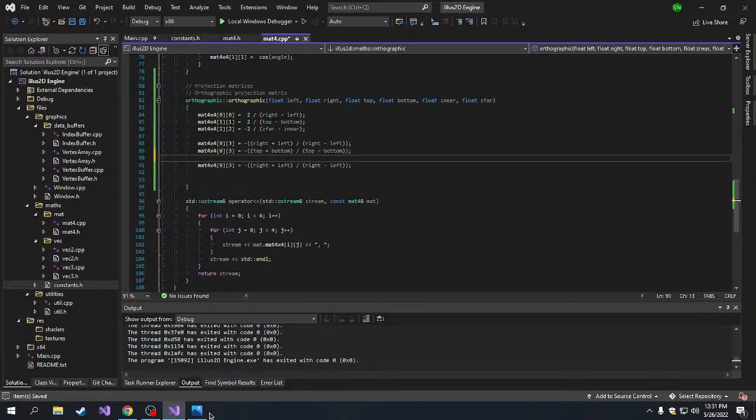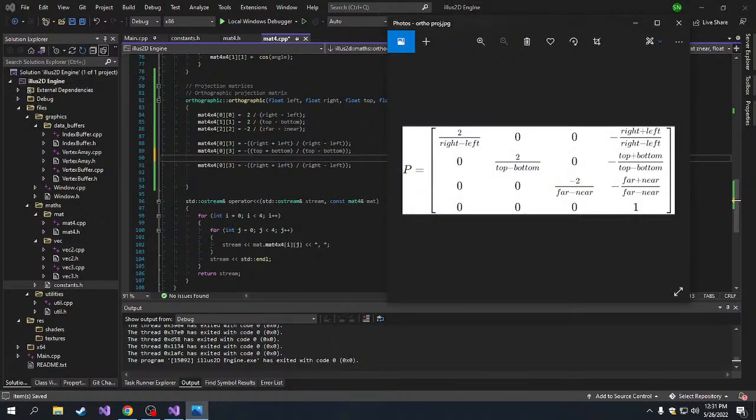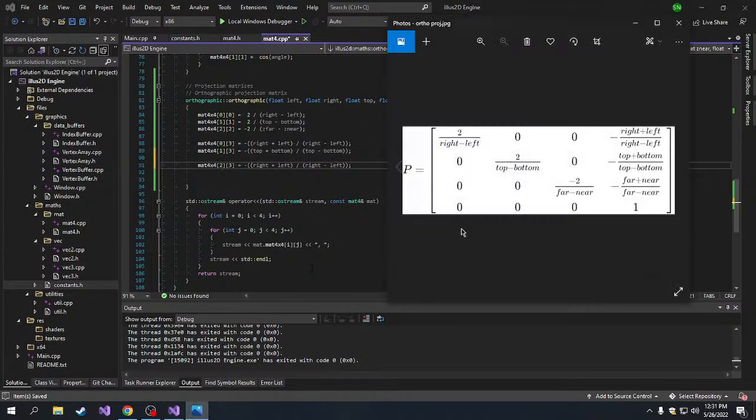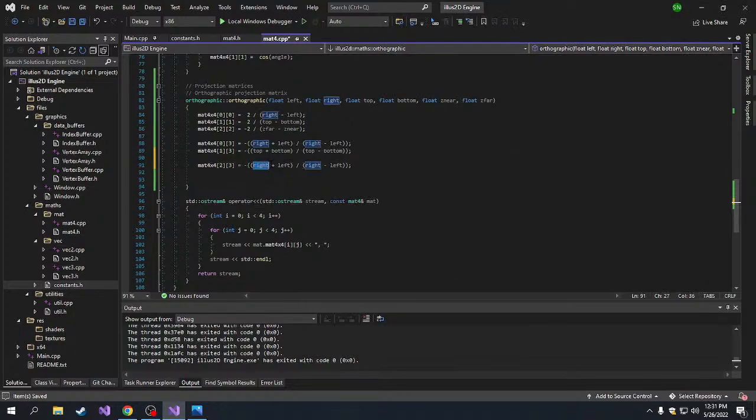And for this one, it's probably index 1 3, 2 3. It's going to be negative far plus near divided by far minus near, so negative z far plus z near, divided by z far minus z near.